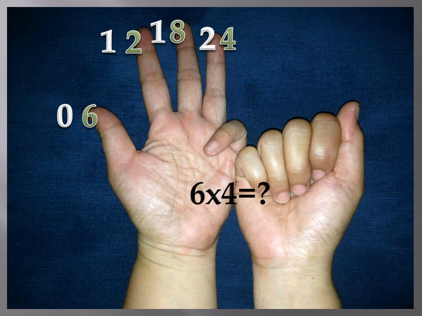And then we have 4 as the ones digit of the fourth finger. If we will try to observe the fourth finger, there we can see the number 24. And that only shows that 6 times 4 is equal to 24.